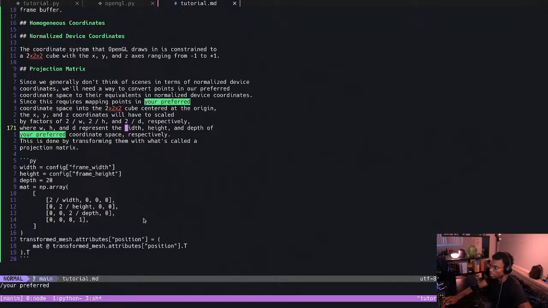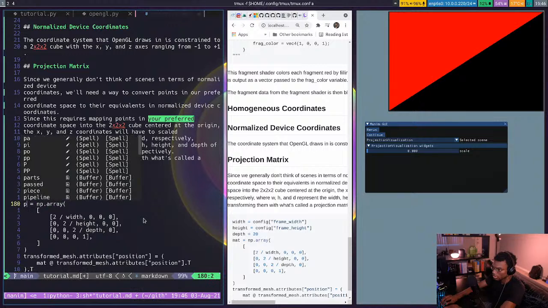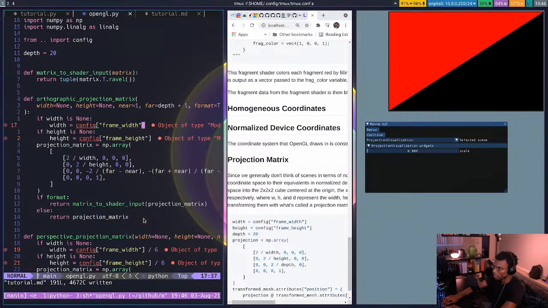Where W, H, and D represent the width, height, and depth of your preferred coordinate space respectively. This is done by transforming them with what's called a projection matrix. Okay, so let me not call this mat. I'll call this projection. And here. And do the same thing.